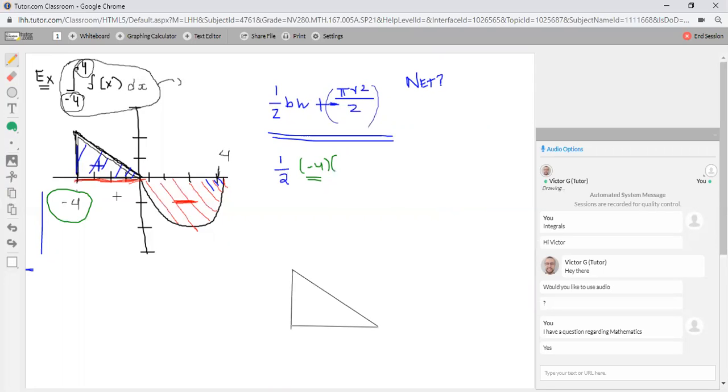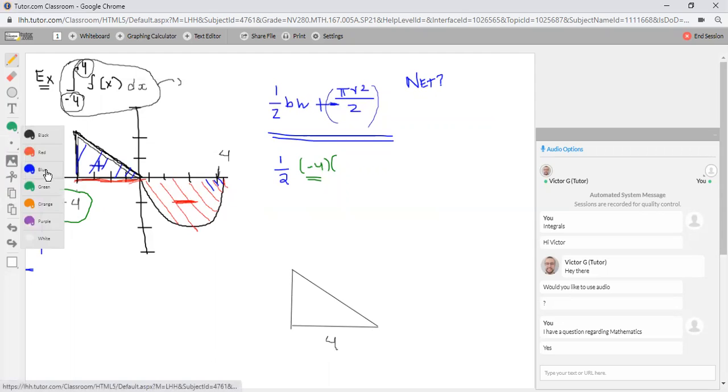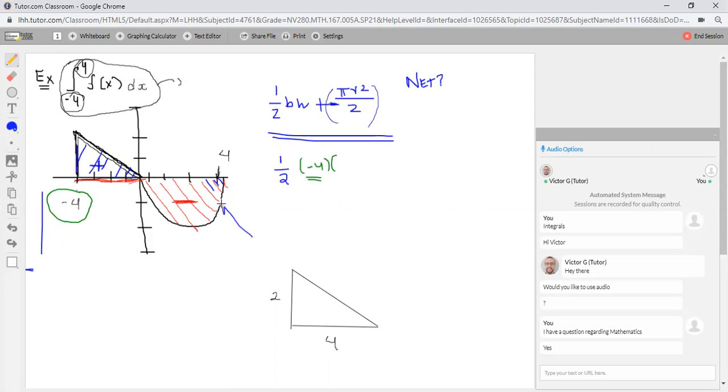As long as it has the same dimensions, it's the same triangle. We are trying to figure out the area. So it goes from 0 to -4. So the length is going to be 4. Here I'm not worried about the sign part. Well, it seems like over here you are worried about the sign part, but over here you're not worried about the sign part.